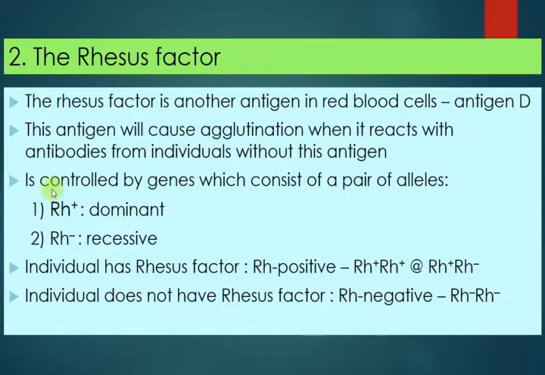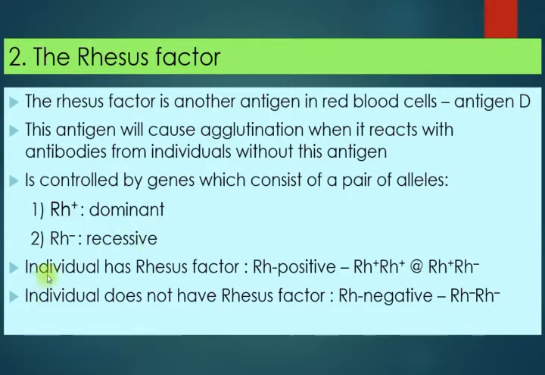The rhesus factor is controlled by genes, which consist of a pair of alleles. What are they? Rhesus positive, which is the dominant allele, and rhesus negative, which is the recessive allele.